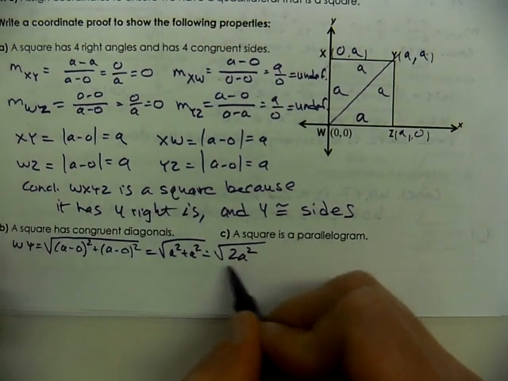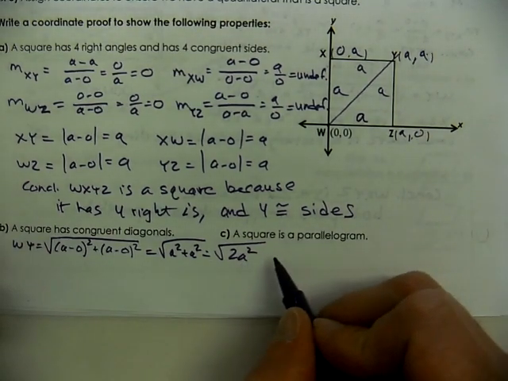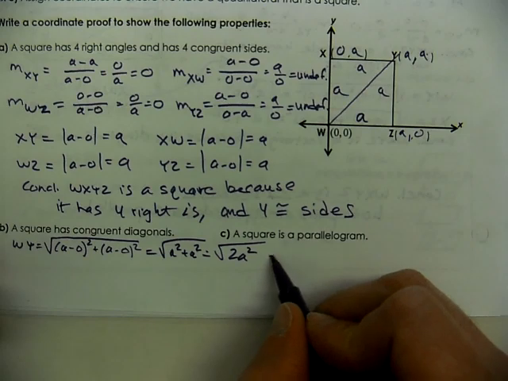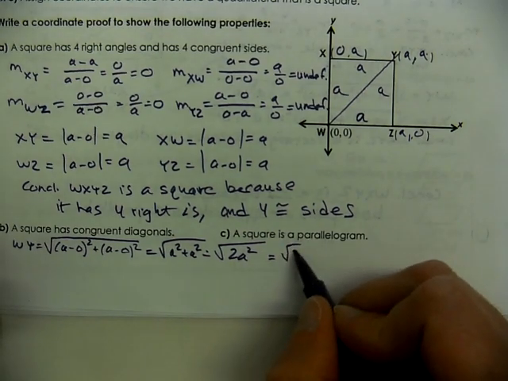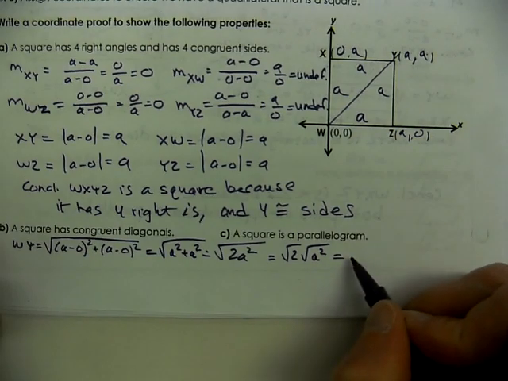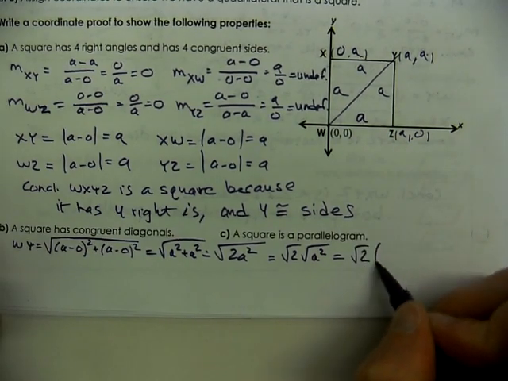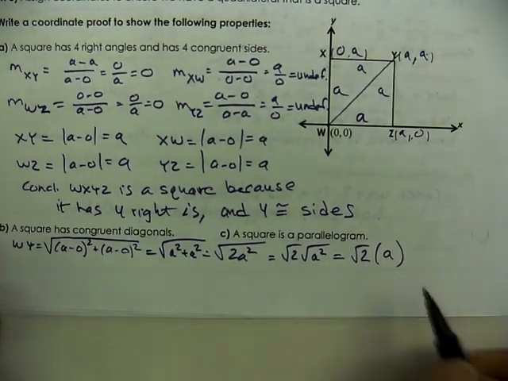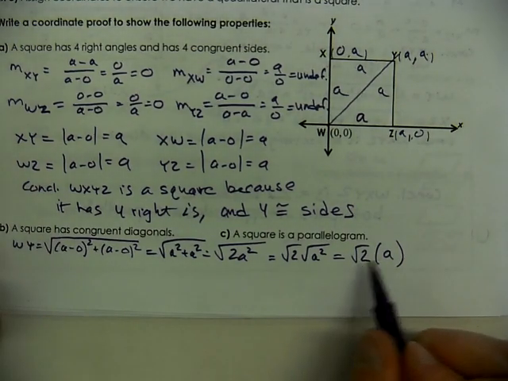Now the 2 is not a perfect square, but the a squared is. So what that means is you can simplify that into root 2 times root a squared, and that will simplify into a root 2 times a. There's your variable in the back, and there's the coefficient in front.